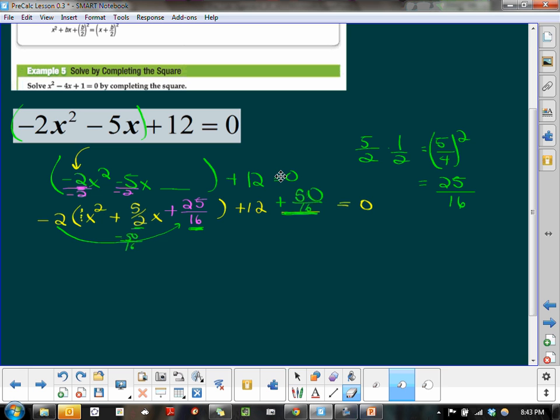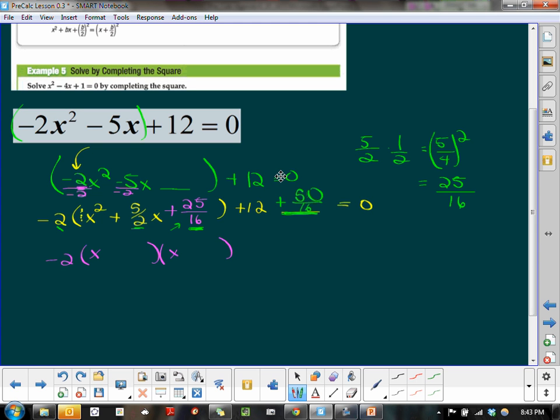Okay, so now we've got it set up where we completed the square. Now we're going to factor our trinomial. This thing sitting in here is a trinomial that we can factor into a binomial squared. I'll write two factors again. It's x times x is x squared.